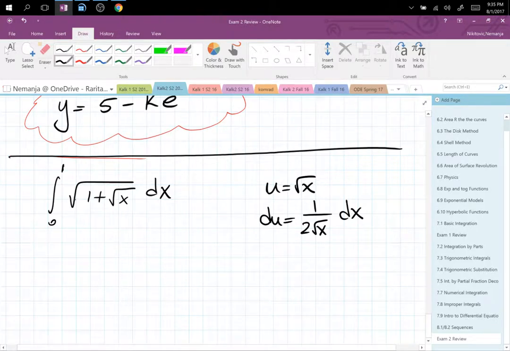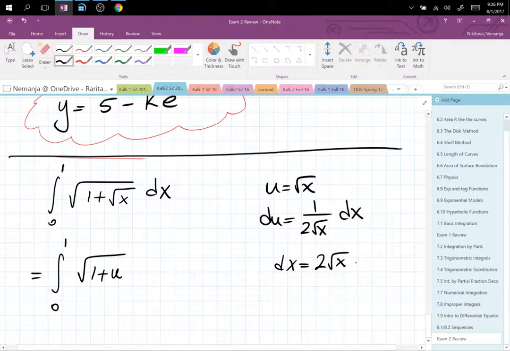The limits remain the same, because the square root of 0 is 0 and the square root of 1 is 1, so the limits stay the same for the u domain. Now this becomes 1 plus u. And the dx over here is equal to 2 root x du, but root x is u, so dx is 2u du.